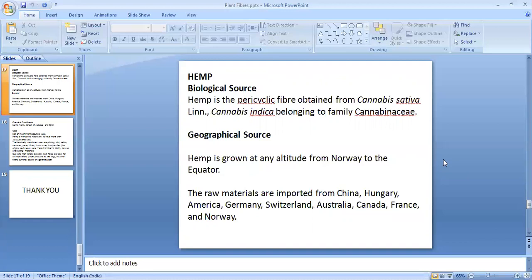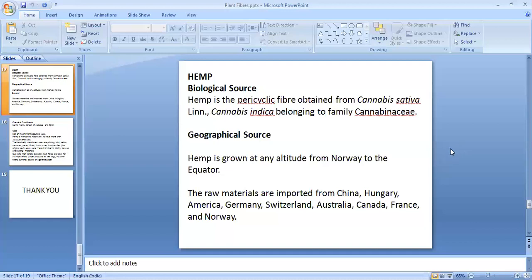And the geographical source of hemp, when you see, it is mainly from China, Hungary, America, Germany, Switzerland, Australia, Canada, France, and Norway. Usually the hemp is grown at an altitude from Norway to the equator. So that is about the geographical source.